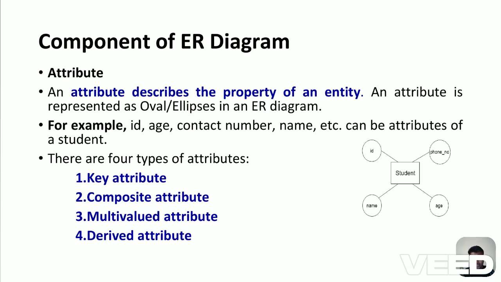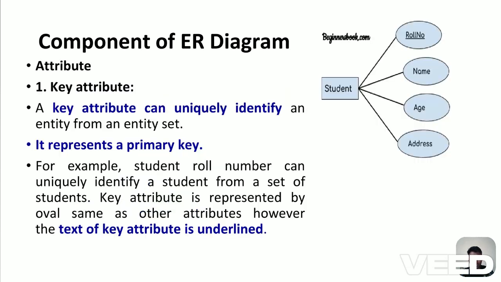An attribute is represented as an oval, ellipse in an ER diagram. Here, the oval shape is nothing but the attribute, and we are going to study the key attribute, composite attribute, multi-valued attribute, and derived attribute.